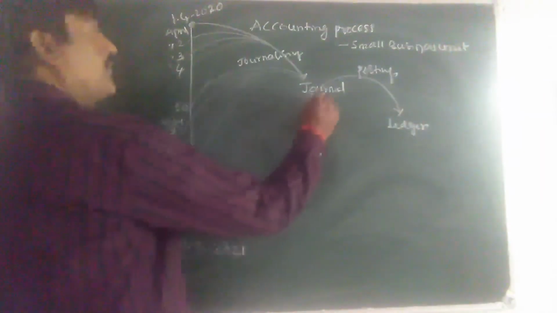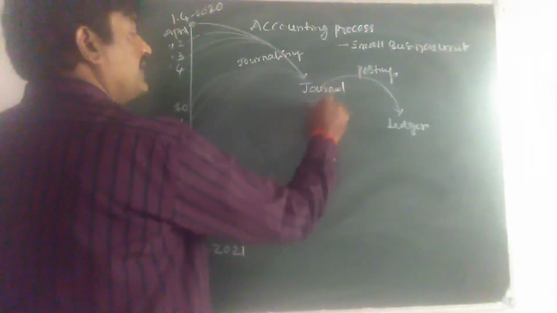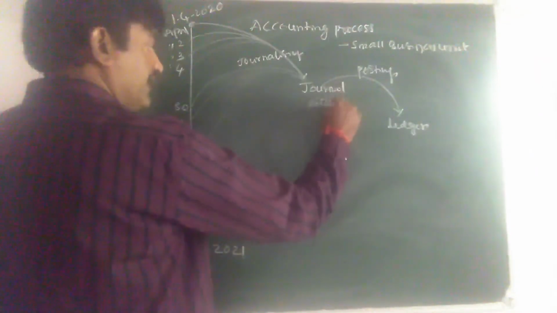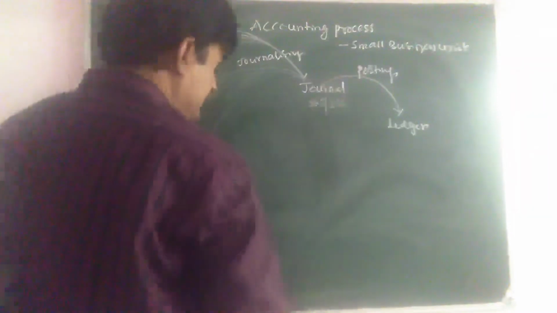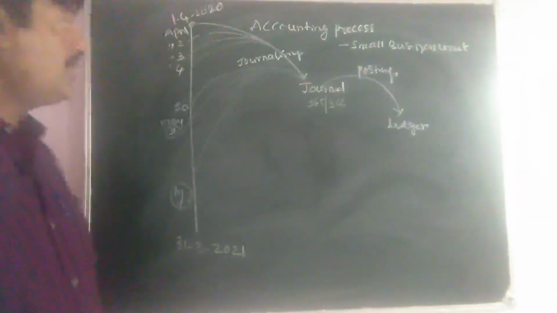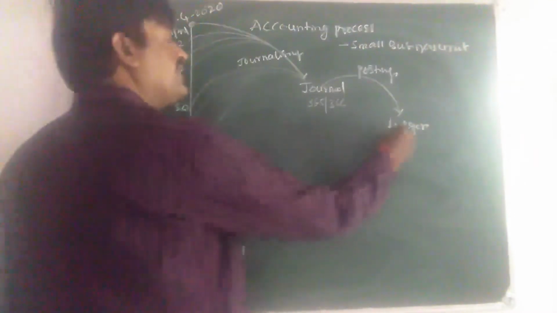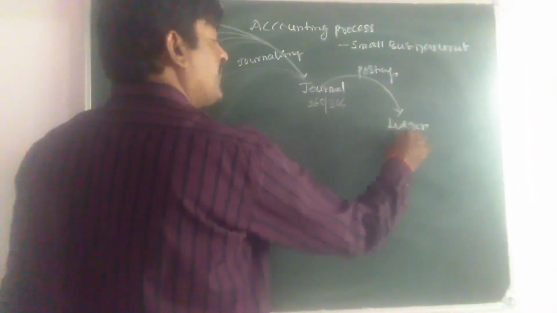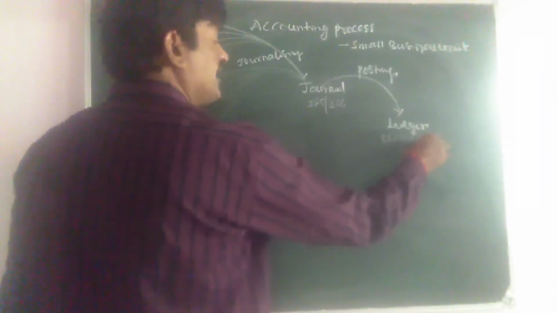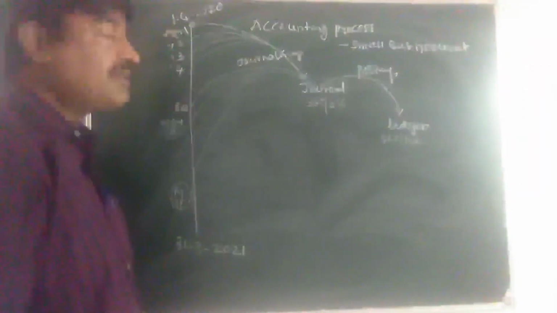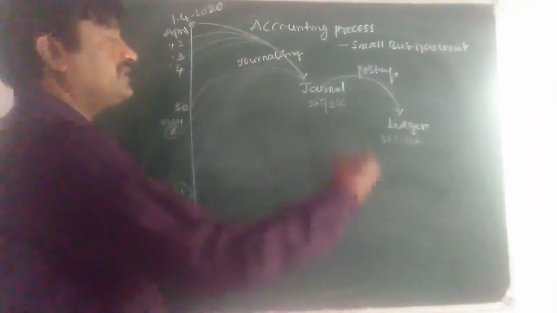Like this, we find in the journal 365 days or 366 days of transaction entries. In the same manner, in the ledger, 365 days or 366 days of posting are available.